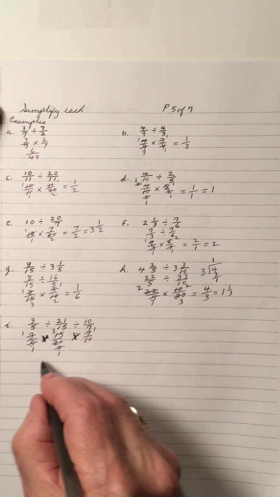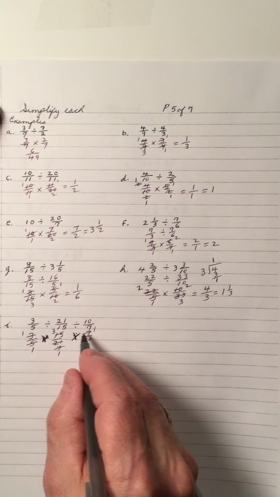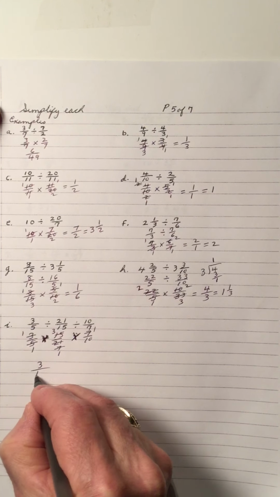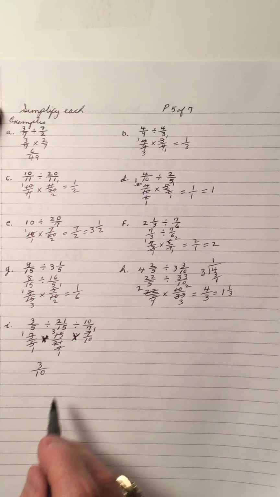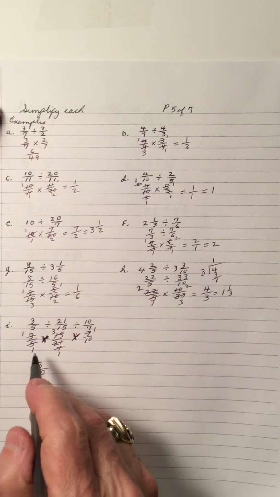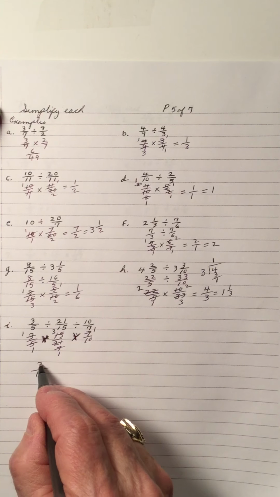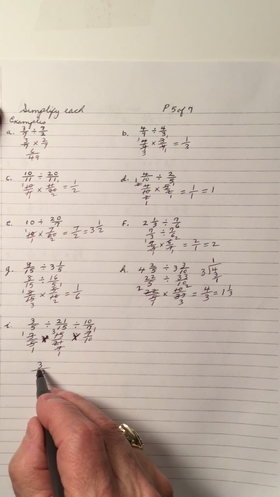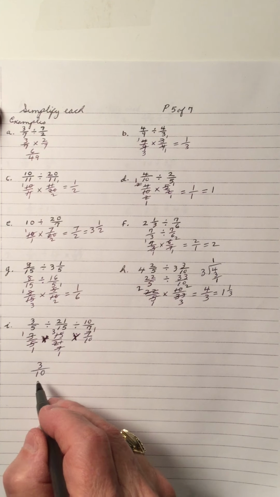And I see 1 times 3 times 1 is 3. 1 times 1 times 10 is 10. And if you didn't cancel them all here, right down, when you get down to this fraction here, then you'll be able to watch and see if this is reduced. So 3 over 10, 3 is prime, can't go any lower.